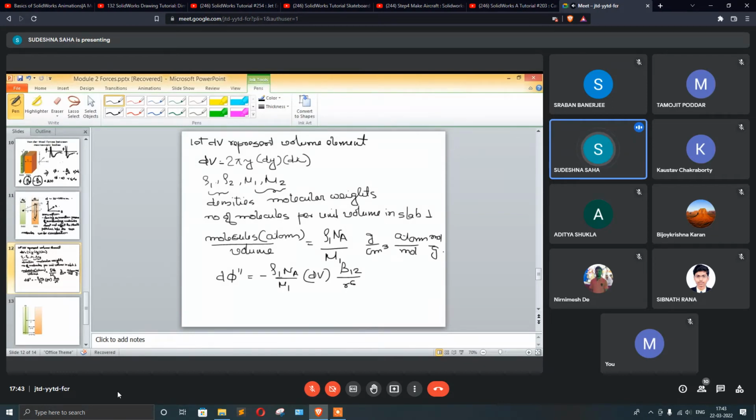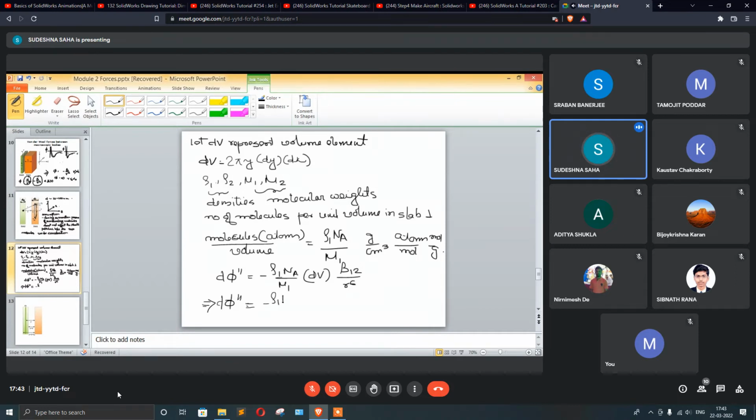Okay, so if we integrate it, we will obtain d phi double prime. I mean, we are just simplifying it. We are putting this dV over here.